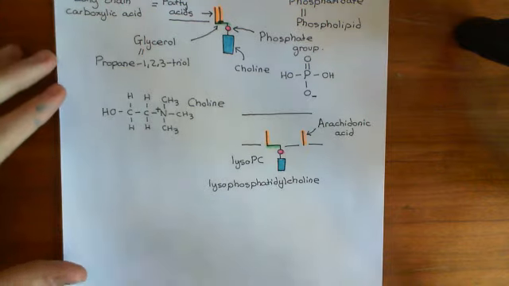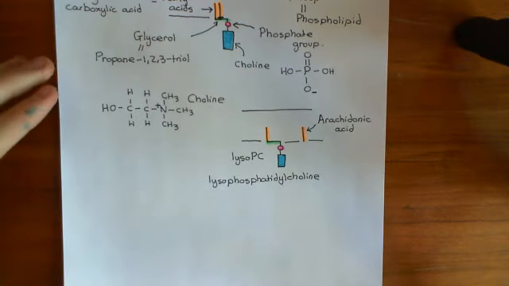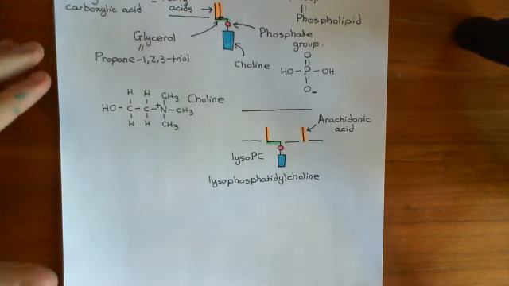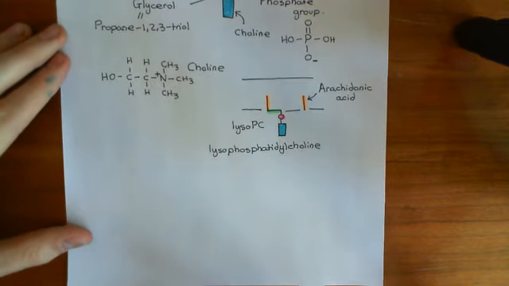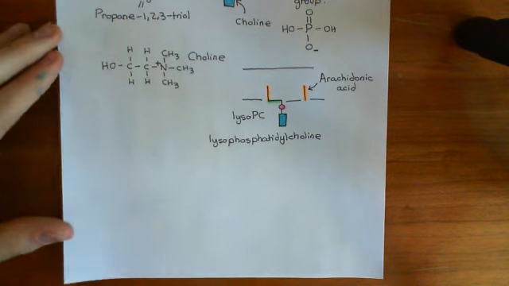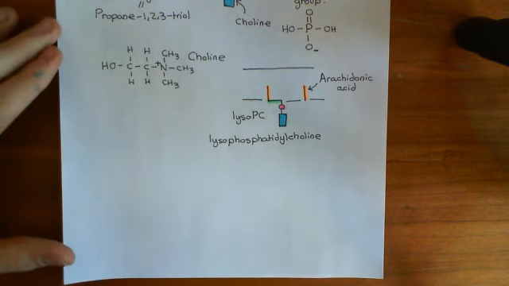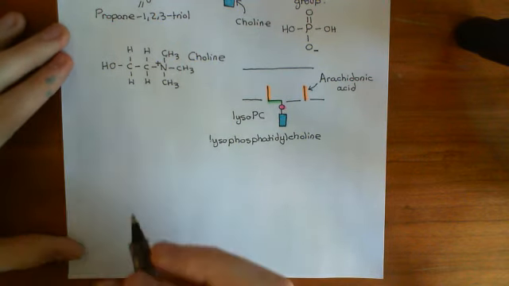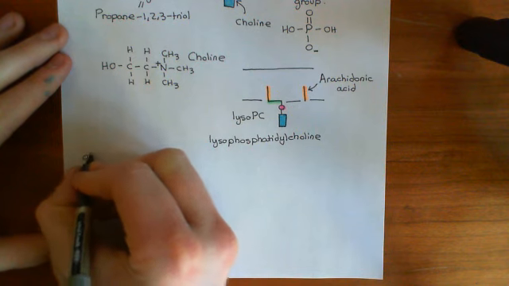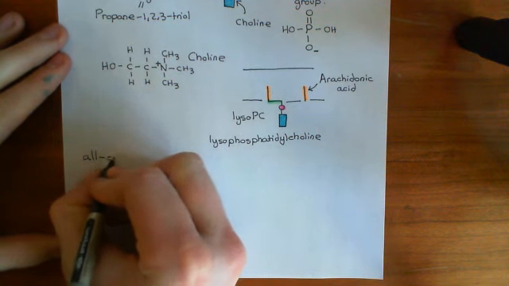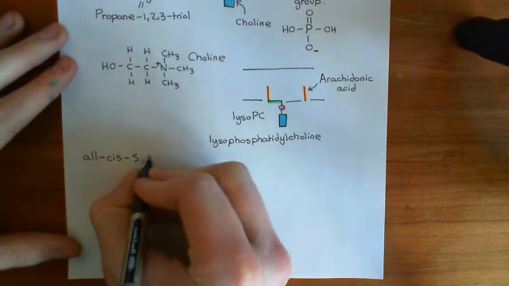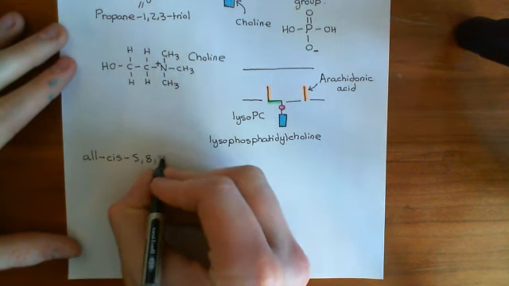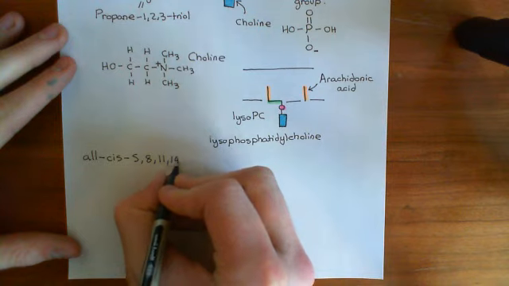Okay, so I now want to discuss with you in a bit more detail the structure of arachidonic acid. So, strictly speaking, the full name for arachidonic acid, or at least as far as biologists are concerned, is all cis 5, 8, 11, 14 icosahexaenoic acid.